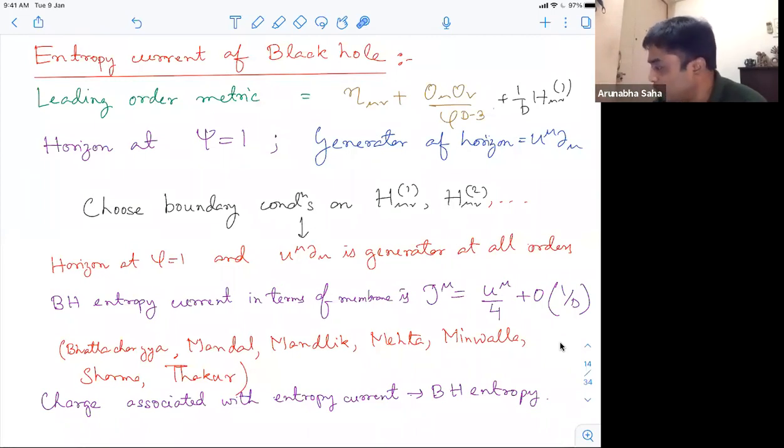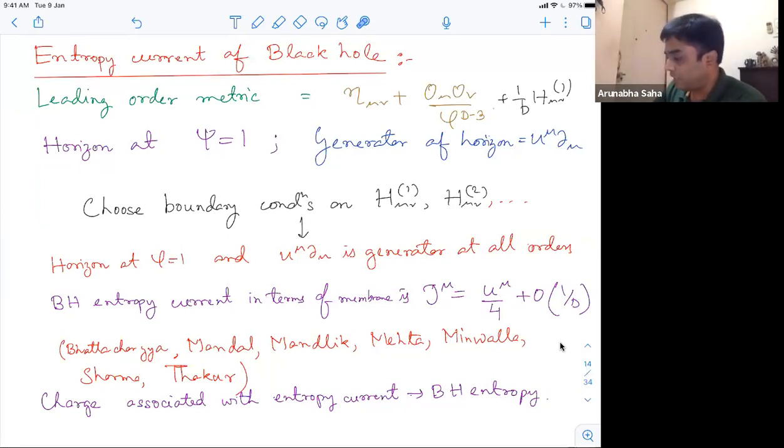Since we know that u mu continues to be the generator of the horizon, and since black hole entropy for Einstein gravity is proportional to the area, the black hole entropy current was obtained in a paper by Chirag, Shantani, Anup, Mangesh, Umang, Utkarsh, and Somadip.